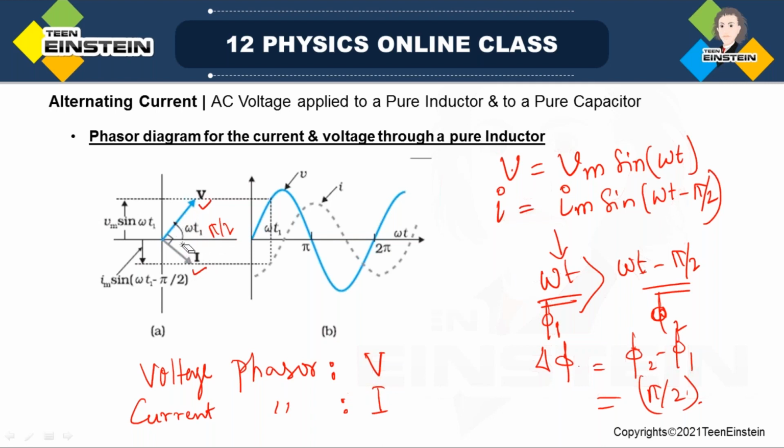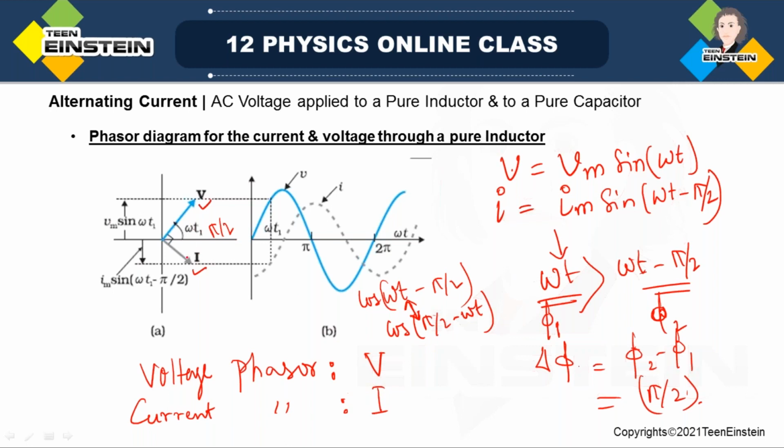Cos of omega t minus pi by 2, or cos of pi by 2 minus omega t, these two are equivalent, nothing will change.